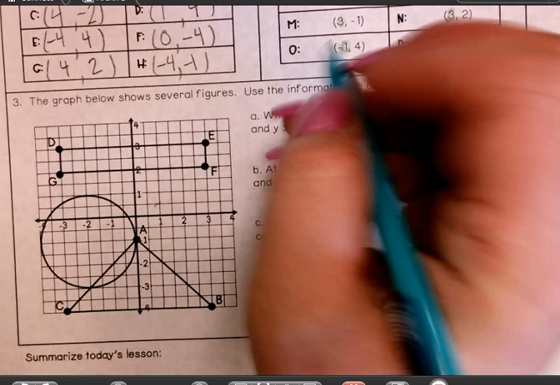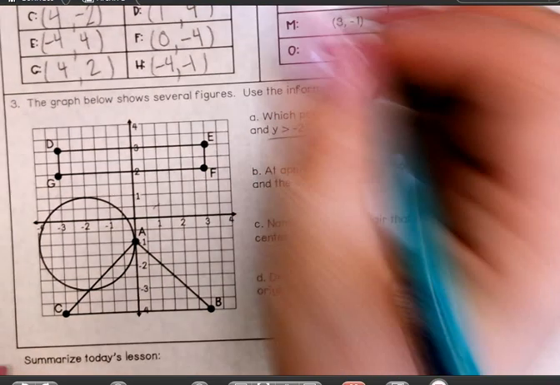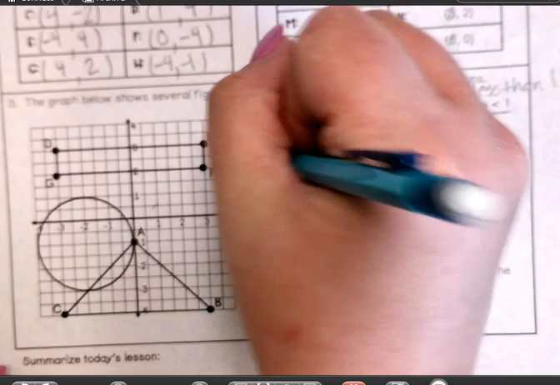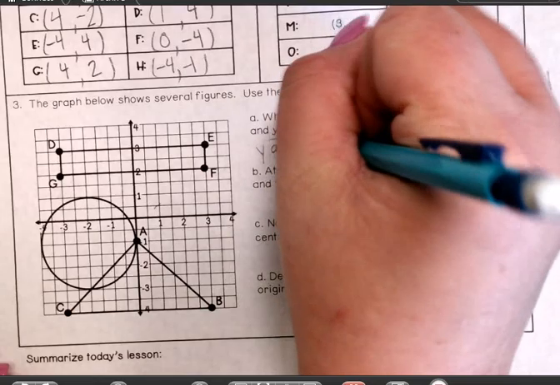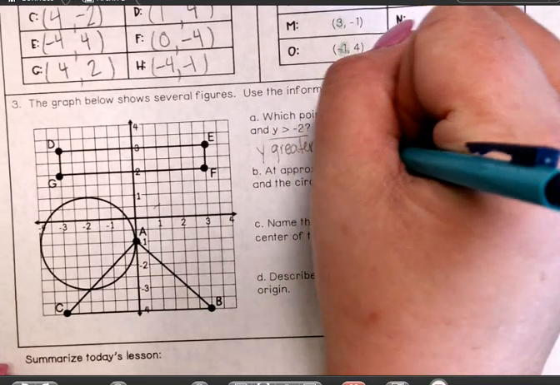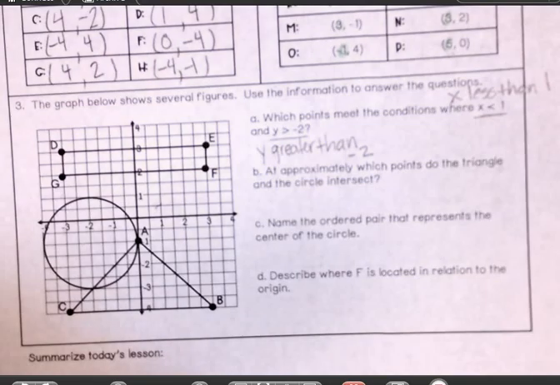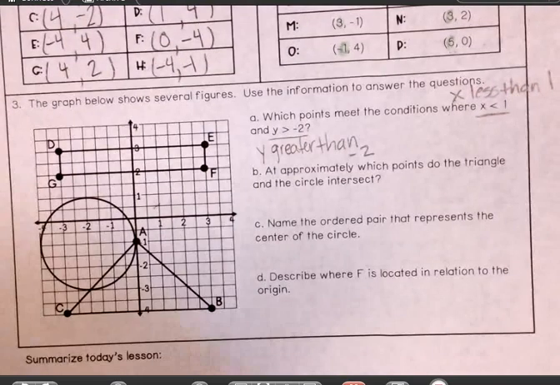Y is greater than negative 2. So what does greater than negative 2 mean? Positive.